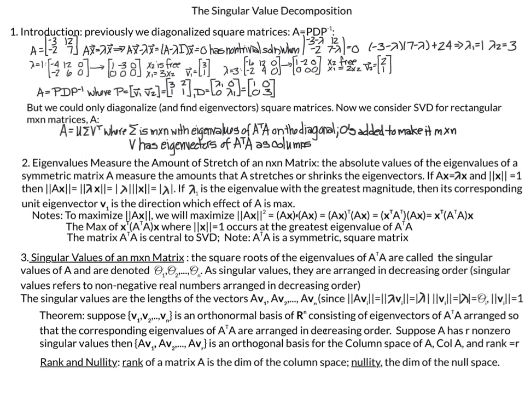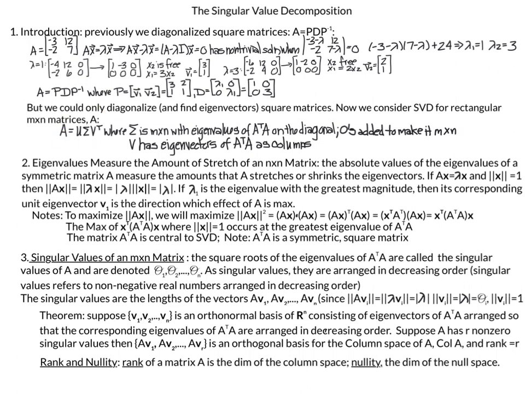And we also note that the max of x transpose A transpose A x occurs at the greatest eigenvalue of A transpose A. And because our matrix V is dependent on the eigenvectors of A transpose A, as well as sigma on the eigenvalues of A transpose A, and U is based on A transpose A as well, this decomposition gives us information about how A stretches and affects different eigenvectors.